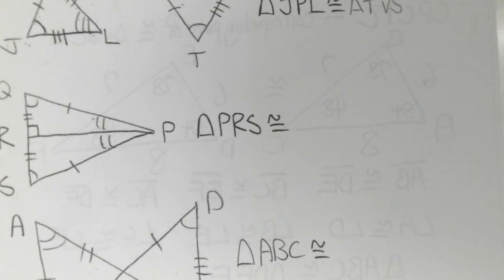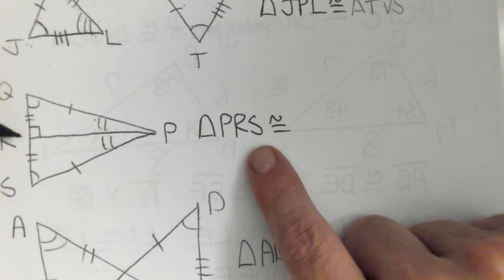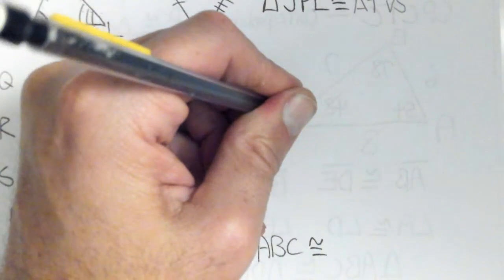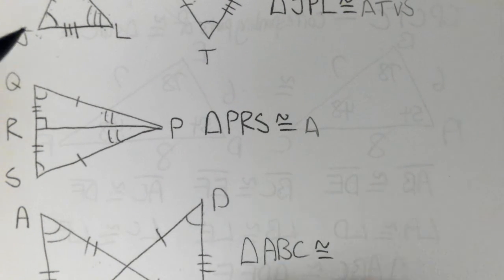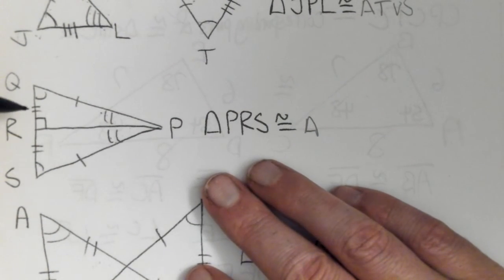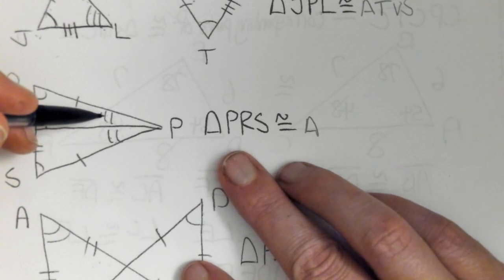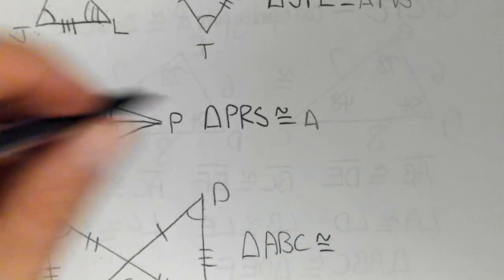Okay, and so on this one it says PRS. PRS, that's the triangle, and I need to match it with another triangle. Let's see if we can. And so once again here we'll have a lot of the same characteristics. So angle P, 2 marks. Well, that matches angle P in the bottom, which also has 2 marks, and that's correct.